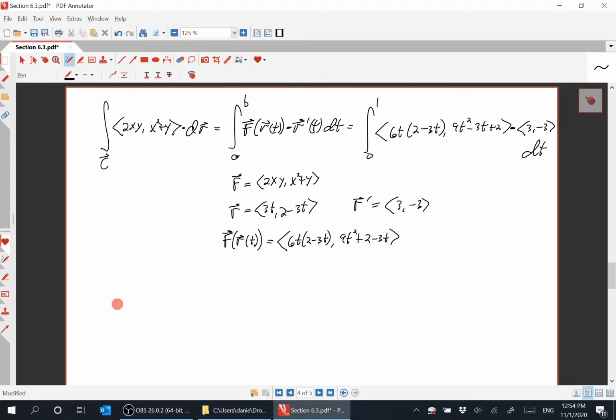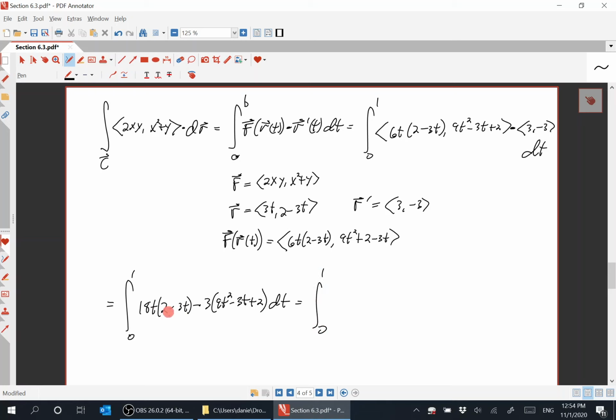Right, so this is equal to the integral from 0 to 1, 18t times 2 minus 3t minus 3 times 9t squared minus 3t plus 2 dt. Integral from 0 to 1.